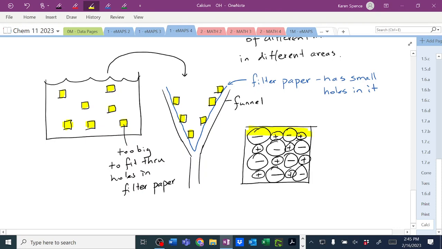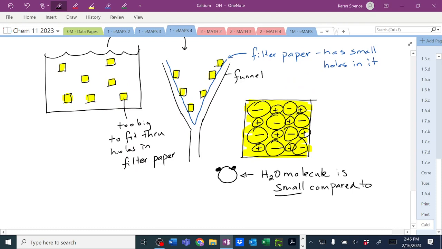So when I draw now a water molecule, how does it compare in size to our little mini crystal lattice? It's small, okay?